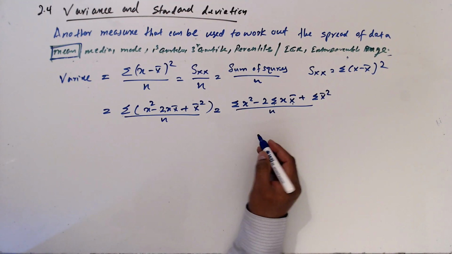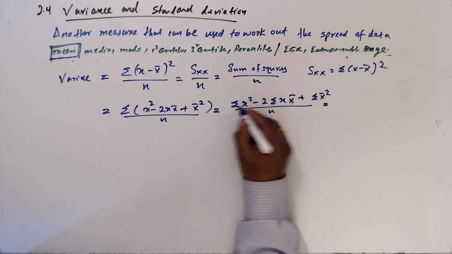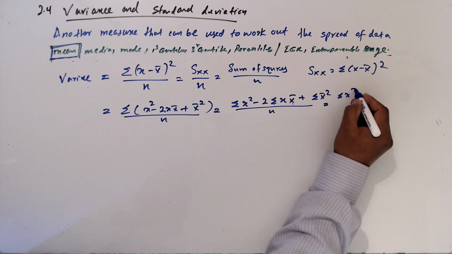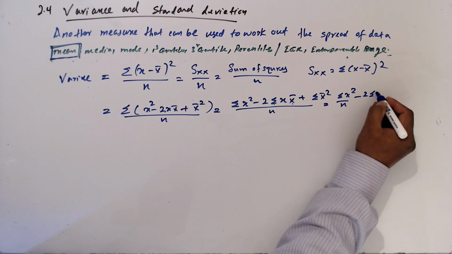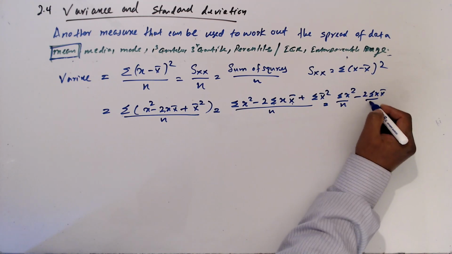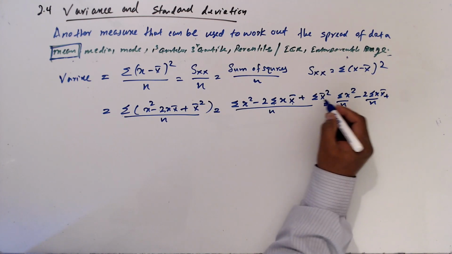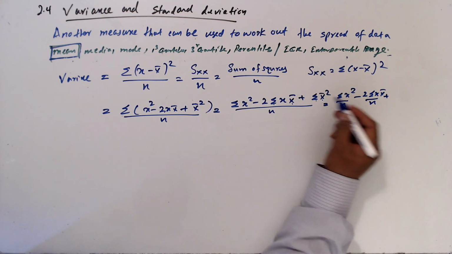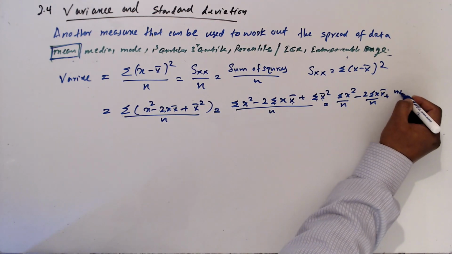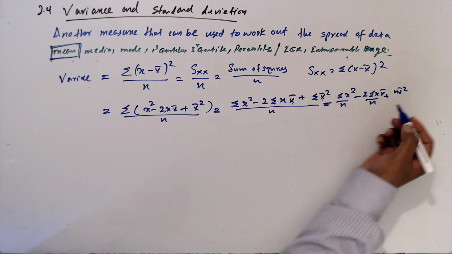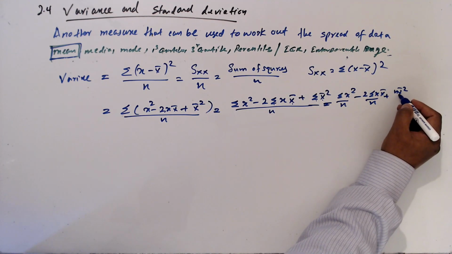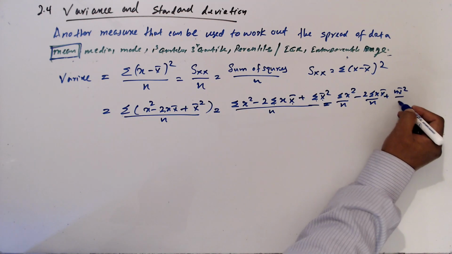So I can write this one as sigma x square over n minus 2 sigma x bar over n, plus sigma x bar square over n. So this is going to be n x bar square. This is the place you may not sometimes understand, just leave it.